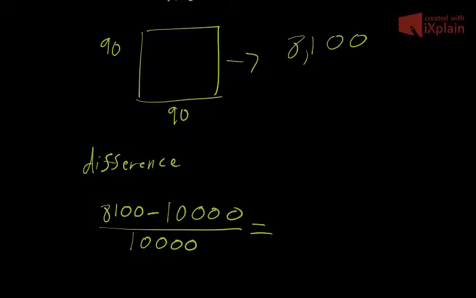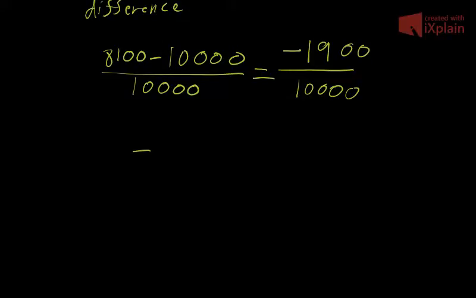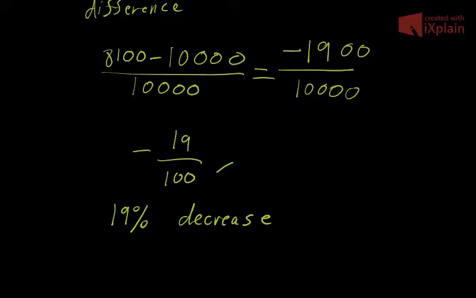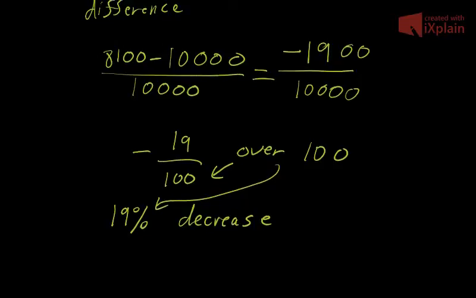That's going to equal, if we do this subtraction on top, negative 1,900 over 10,000. And a very simple simplification gives me negative 19 over 100, which means we had a 19% decrease. So long as we get this over 100, that lets me end up with my percentage sign. And that's exactly what that means. We have a 19% decrease.